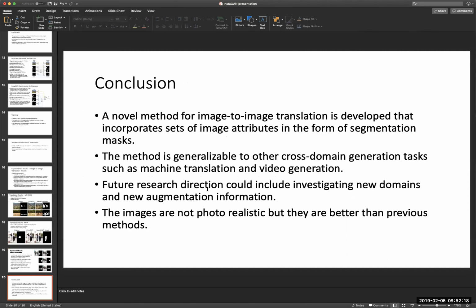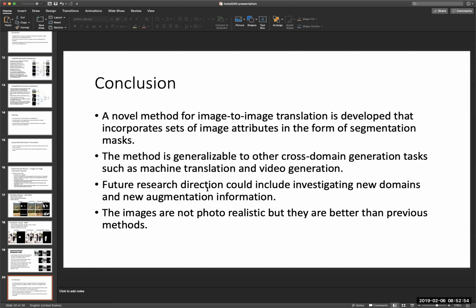So, InstaGAN is a novel method for image-to-image translation, developed by incorporating sets of image attributes in the form of segmentation masks. The authors feel that it's generalizable to other cross-domain generation tasks, such as machine translation and video generation.